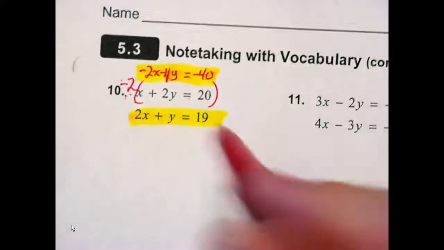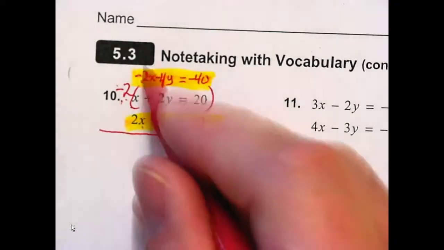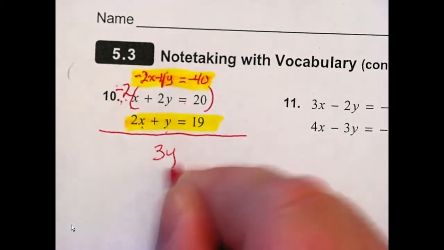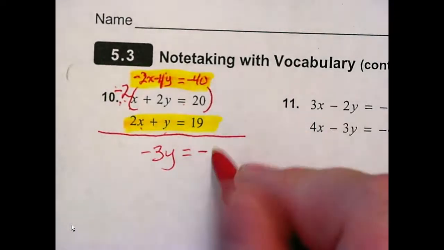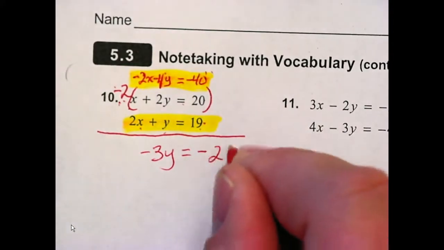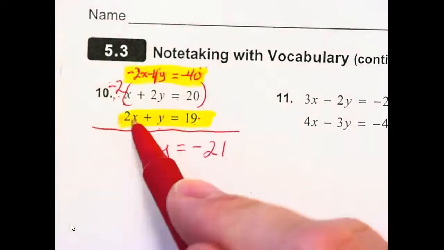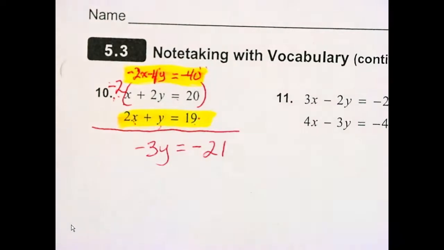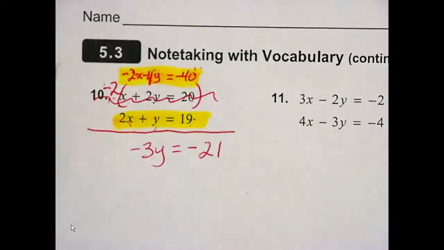Okay? What eliminates? 2x. The x eliminates, right? So I'm left with negative 3y equals negative 21. Right? Negative 2x and 2x. Negative 4y and positive y. Okay? So if it helps you, maybe cross out that one.